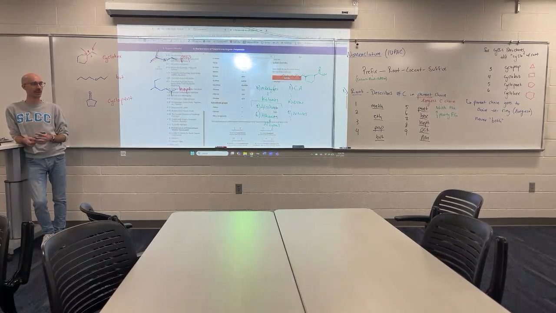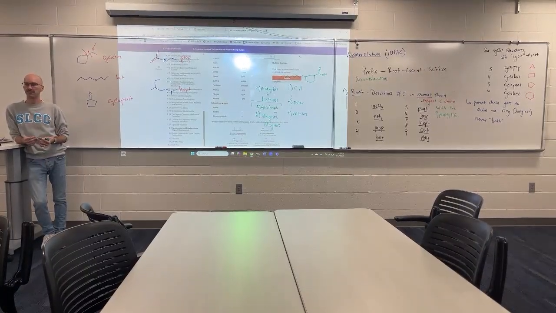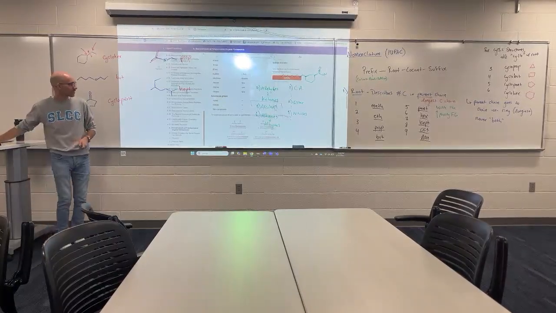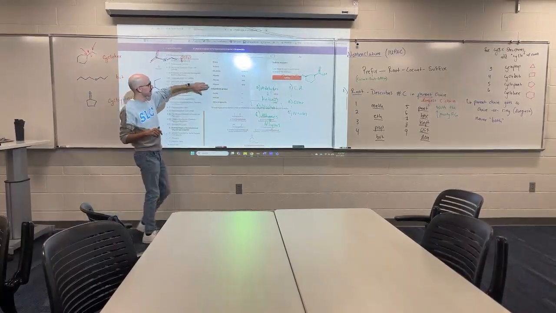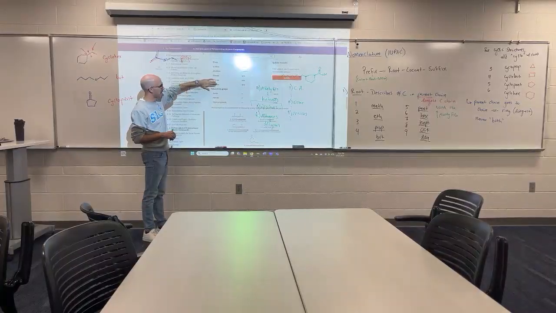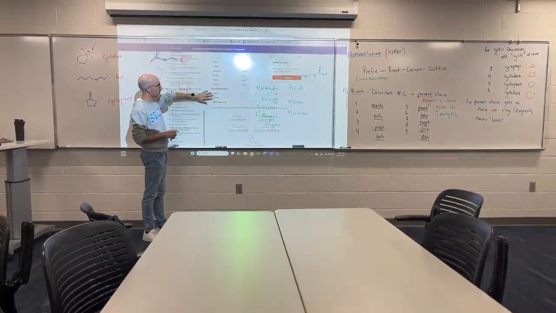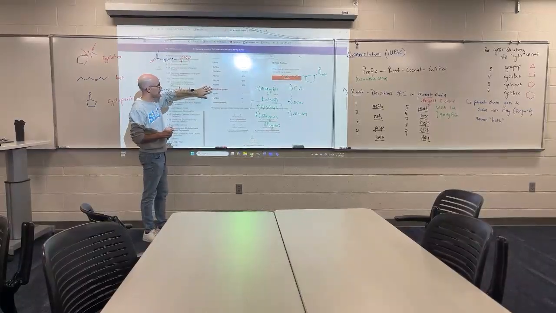These are the rules of IUPAC. Typically, go for small numbers. If that can't win, go alphabetically. Small numbers, then alphabetically. And our last priority group, it's a bit confusing because it says alkanes are up here, and then it says subordinate groups, which feels rude. I don't think they needed to say that.